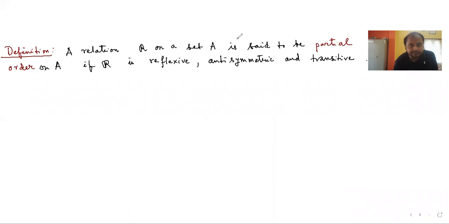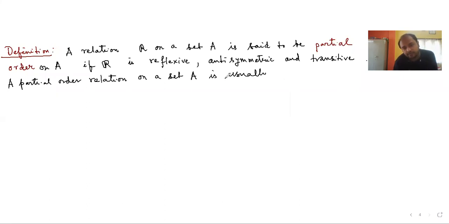Okay, and the second part of the definition goes like this. A partial order relation on a set capital A is usually denoted by this symbol.